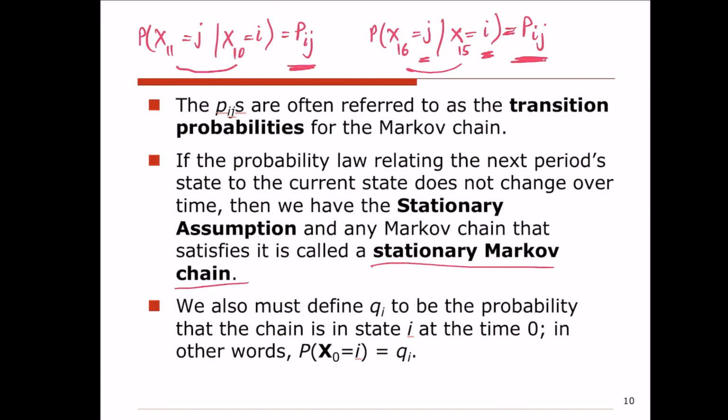It doesn't matter if I'm at period 10 and I want to find the probability of transition in period 11, or if I'm at period 15 and I want to know the probability that I make a transition to state j at period 16. Okay, the transition probabilities that we have are not changing over time. So in that scenario, we have a stationary Markov chain, and the type of systems we are analyzing in this chapter are stationary Markov chains.